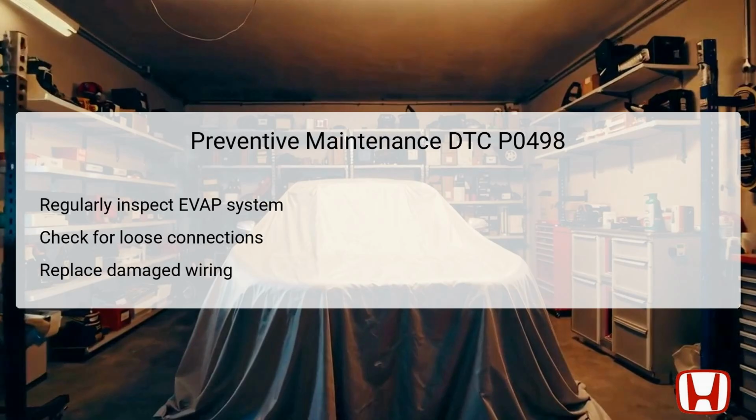To prevent DTC P0498 from occurring in the future, it's important to conduct regular inspections of the entire EVAP system. Identifying loose connections or damaged wiring can save time and potential costs for repairs by catching issues early.